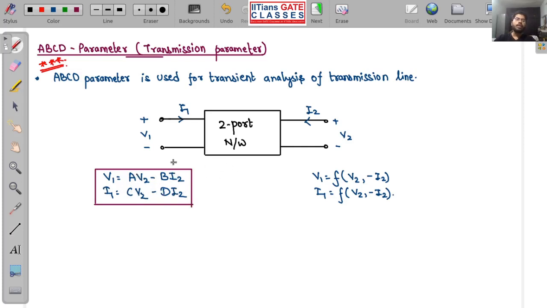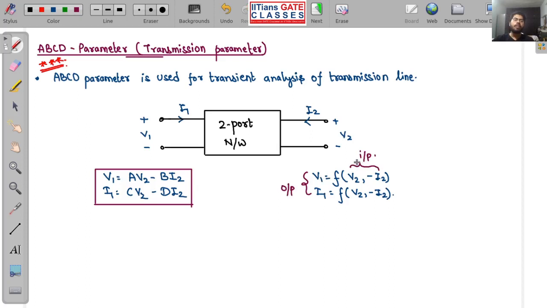Here my input is V2 and minus I2, and my output is V1 and I1.